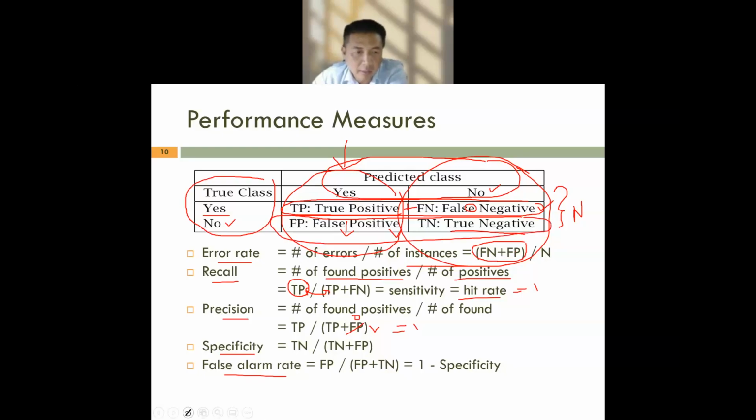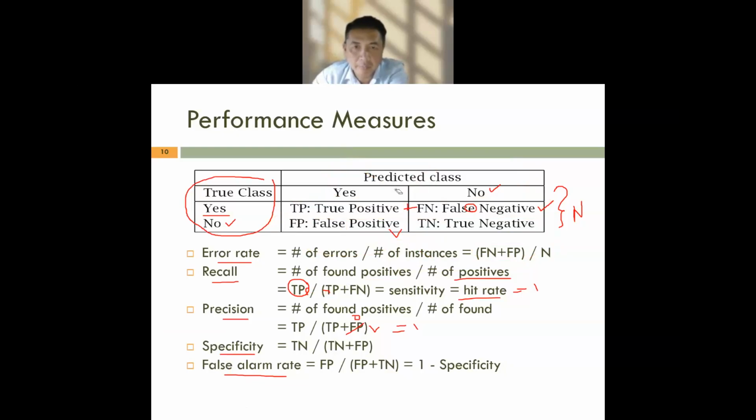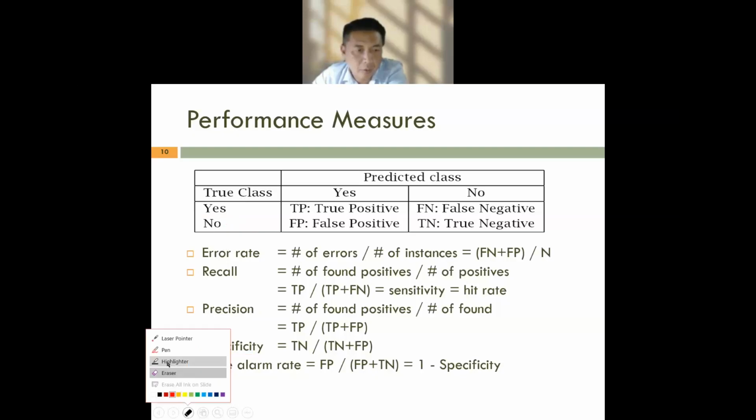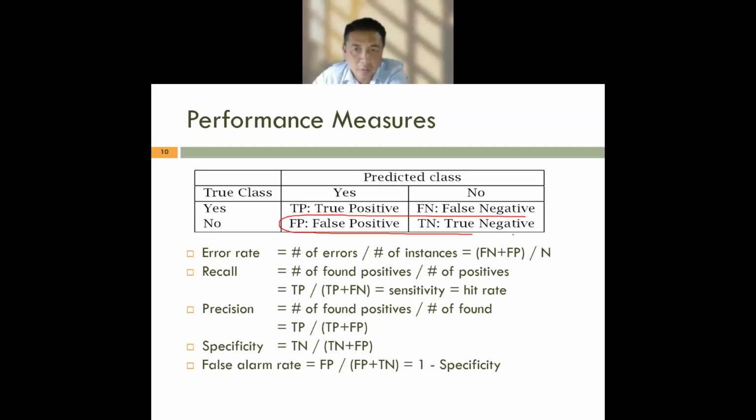Let me erase this, it is confusing. Okay, so specificity is referring to this, for the class no. So we want to reduce this false positive.